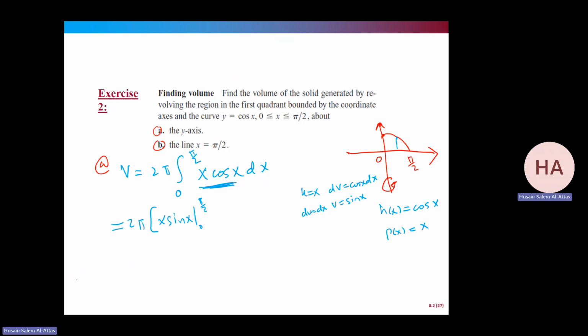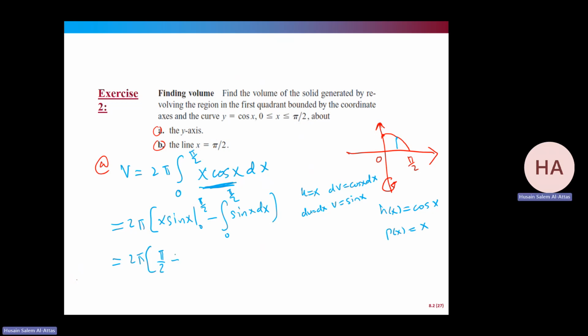Okay. Minus integral from 0 to pi over 2 of what? v du, sine x dx. That gives me what? 2 pi. This is pi over 2. Sine pi over 2 is 1, 0 done. So I have pi over 2.